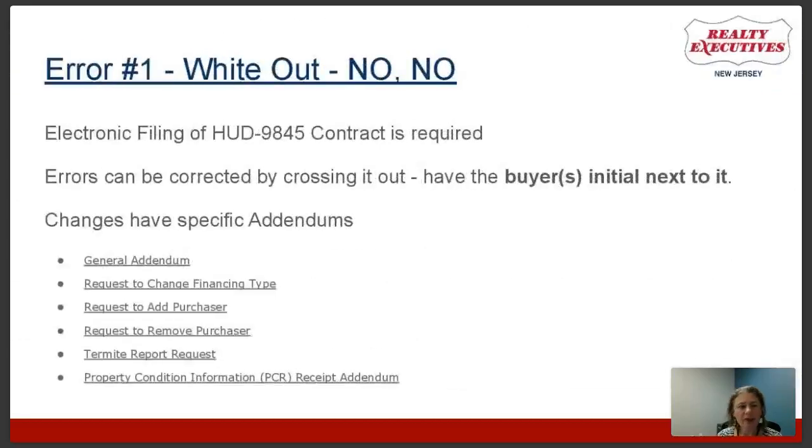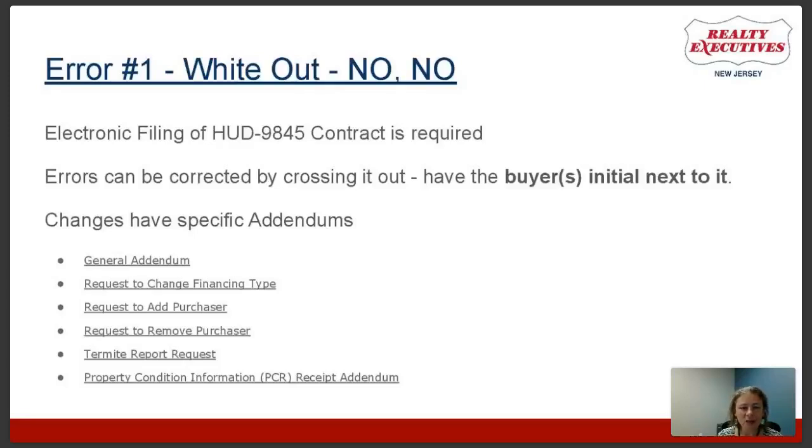So starting with number one, absolutely no whiteout. A few years ago, they started with the electronic filing of the sales contract, which is called the HUD 9845 contract.